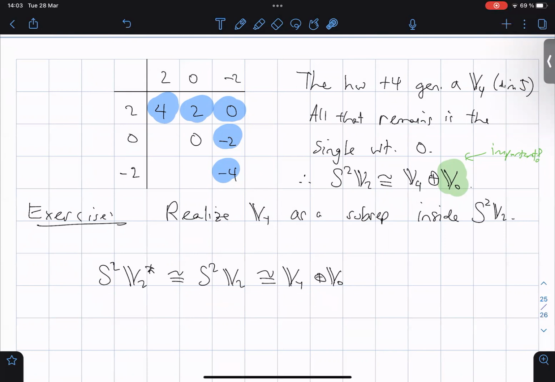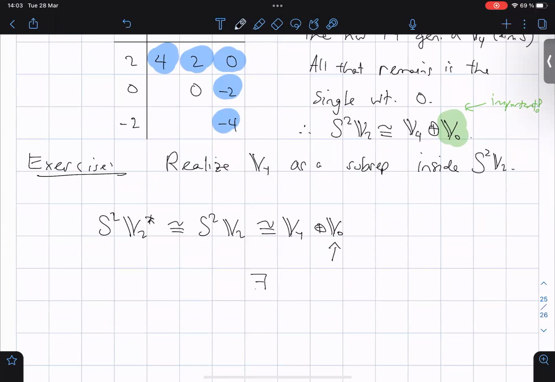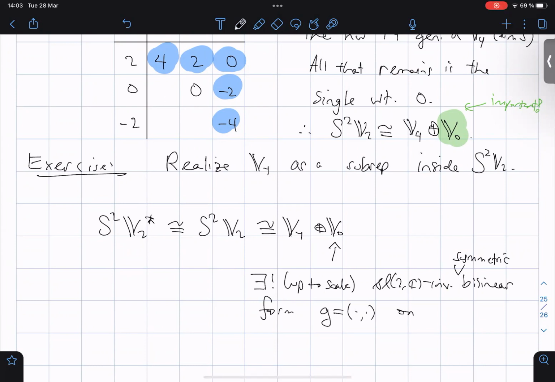So we have this decomposition for S2 of V2 dual, and this is going to indicate there exists a unique, up to scale, SL2C invariant symmetric bilinear form G on V2.